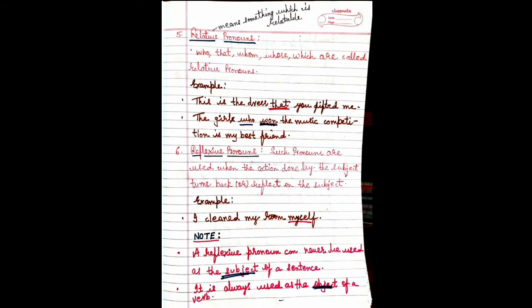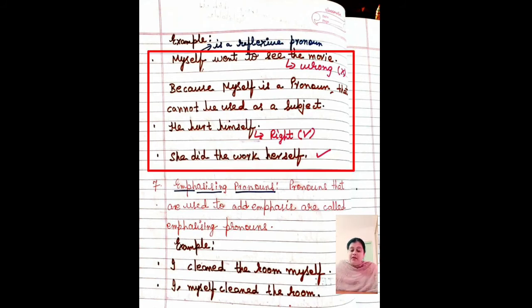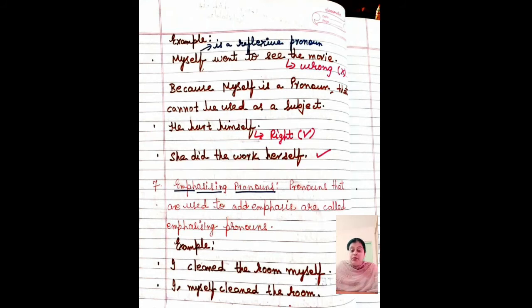Okay, example. Just look at my example which might be flashing on my screen. Myself went to see the movie. Tell me, is this sentence right or wrong? This sentence is absolutely wrong. Why?